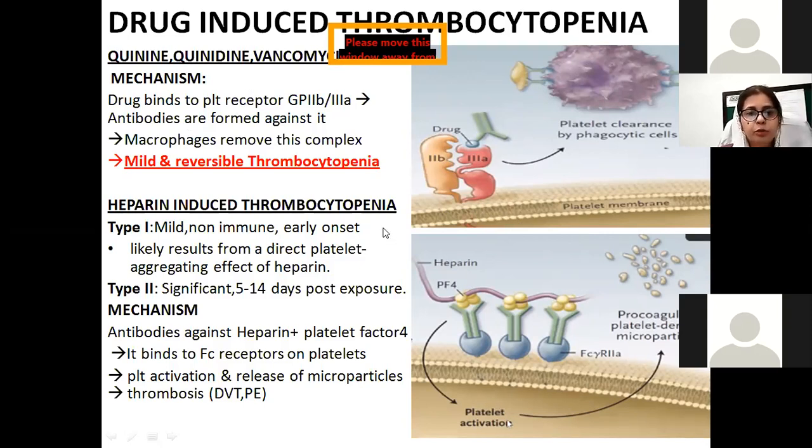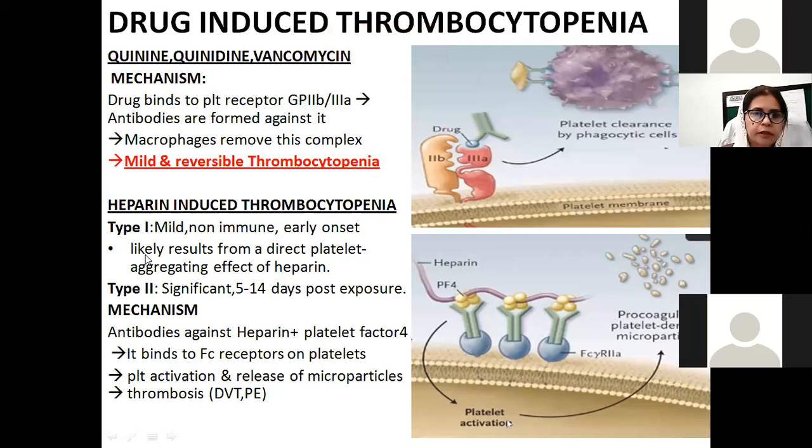Heparin-induced thrombocytopenia is a severe adverse reaction that can occur to iatrogenic or IV heparin. Heparin is given in those patients who present with thrombosis. It is of two types. One is type 1, which is the milder form of the disease.